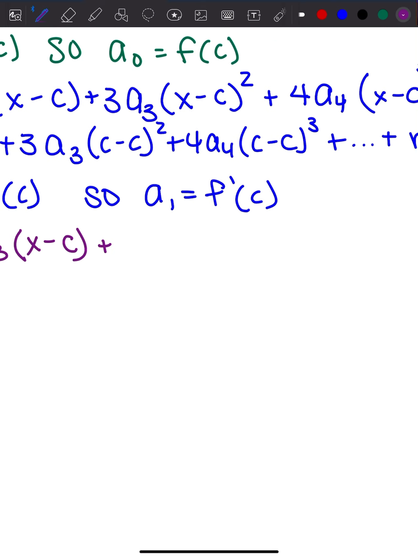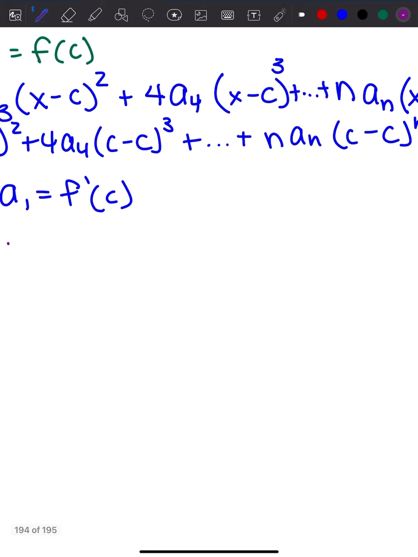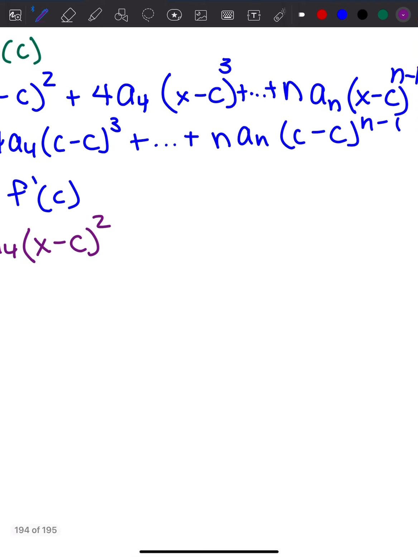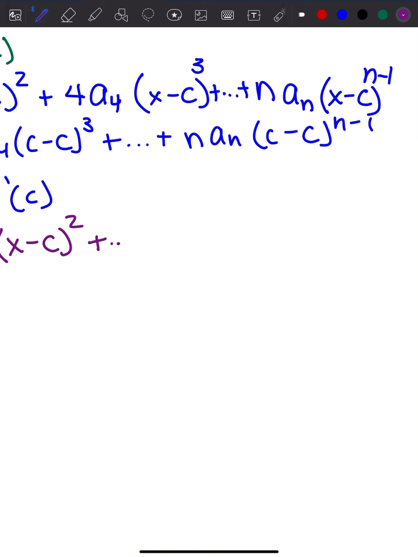We have 4 here, so we're going to have 4 times, its exponent right now is 3, so we're going to do 4 times 3 times a sub 4 (x minus c) squared. And that's true all the way down to a sub n, so we have n times (n minus 1), because that's our new exponent, times a sub n times (x minus c).